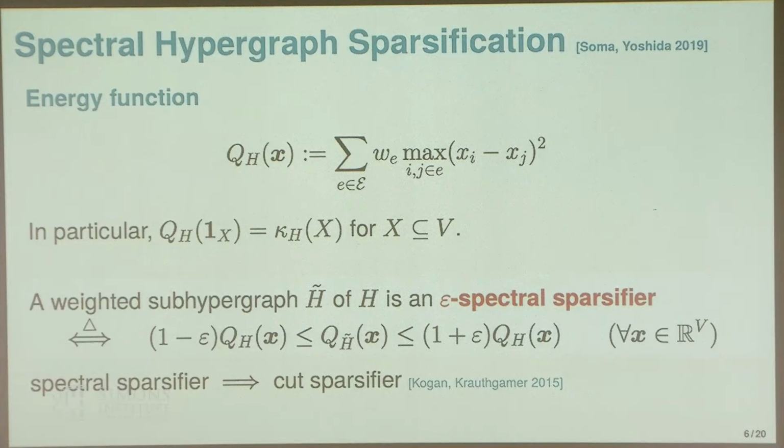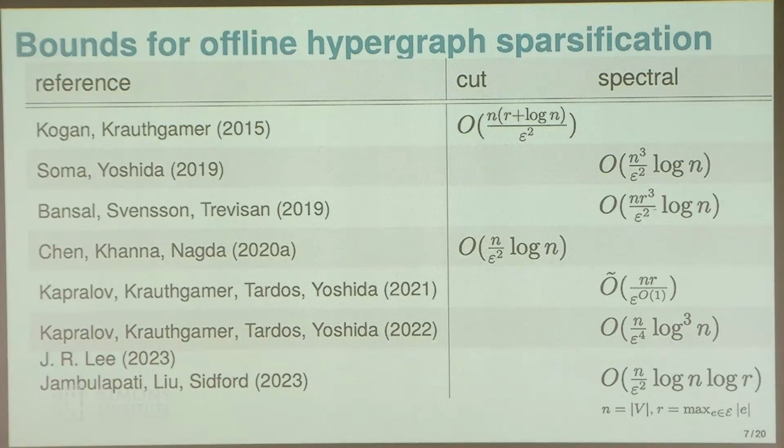They don't explicitly call it a quadratic form, but they implicitly use this function a lot to capture higher-order relations between nodes in semi-supervised learning, link prediction, or other applications in machine learning and data mining. So it is natural to try to preserve it using a small number of edges. And people have managed to improve the bound all the way down to basically n log r.